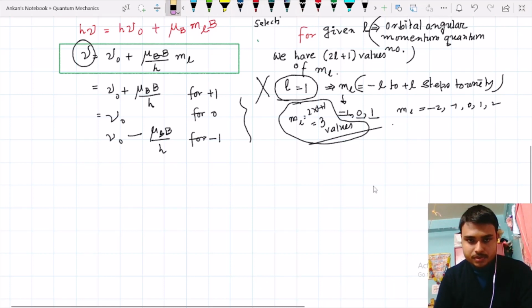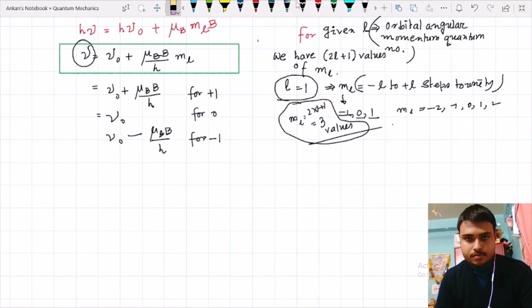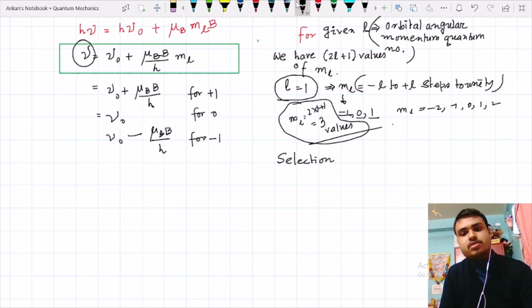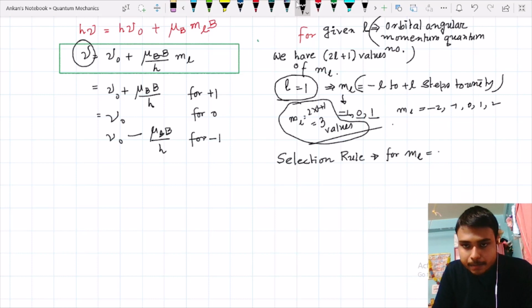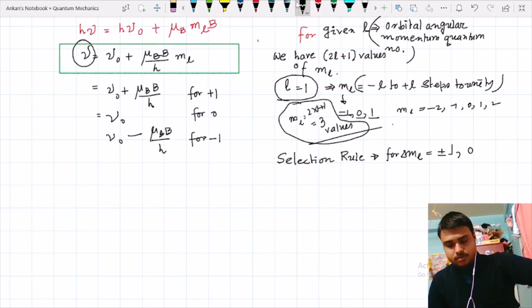So now we will consider the selection rule. What is the selection rule for ml? Delta ml can be plus or minus 1, or 0. The transition takes place for a difference of ml that is either plus 1, minus 1, or 0.